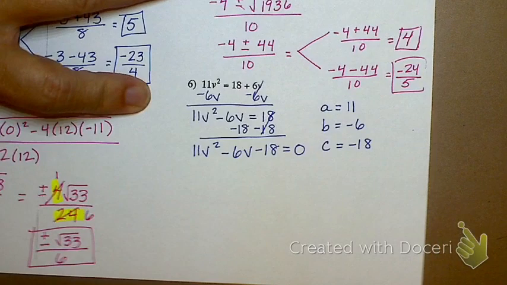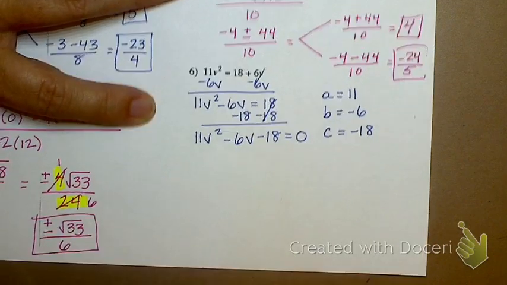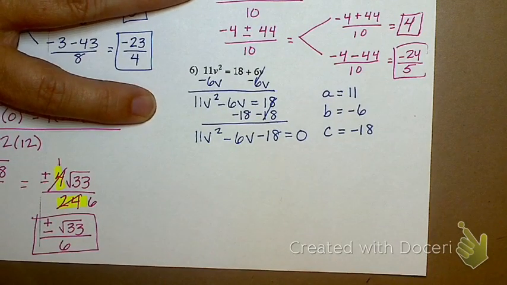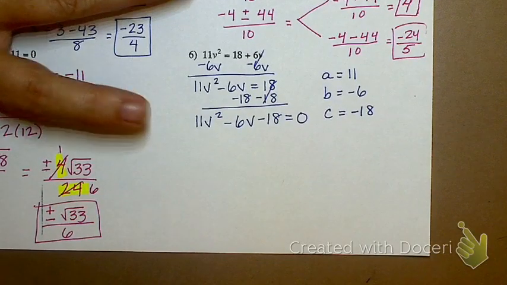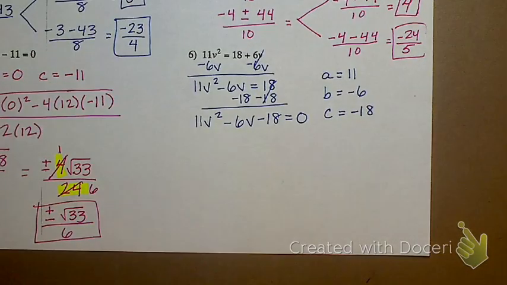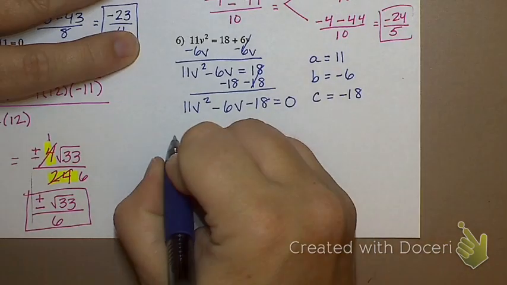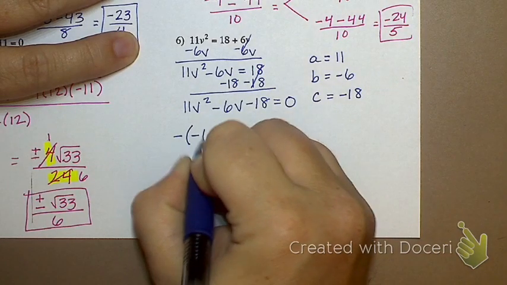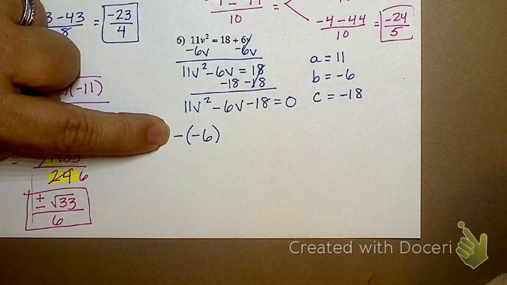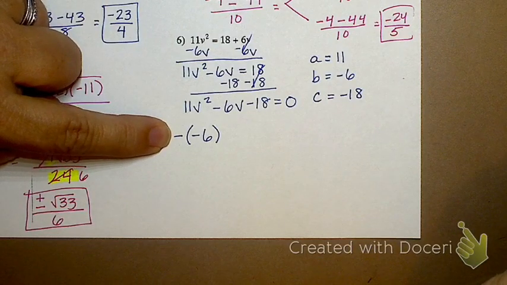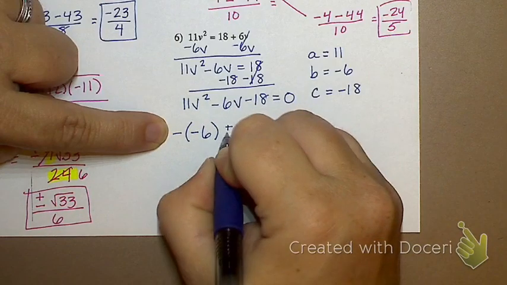All right. You try and plug it into the quadratic formula. I may need to help you with some simplifying towards the end, but you try plugging it in. By the way, look at what happens to that negative b. It becomes a positive.